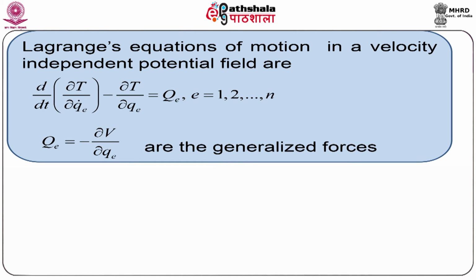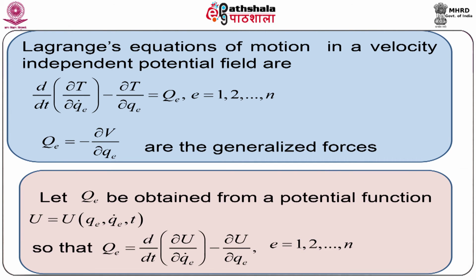That is why we have to consider the Lagrange's equation of motion in a velocity independent potential field as well as velocity dependent potential field. We have already obtained Lagrange's equations of motion in a velocity independent potential field, which are given by this one.